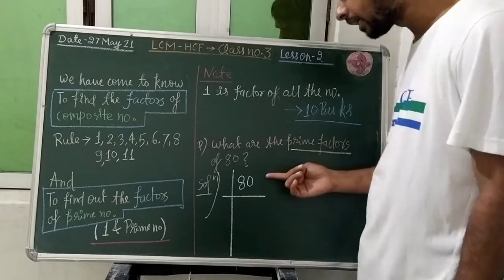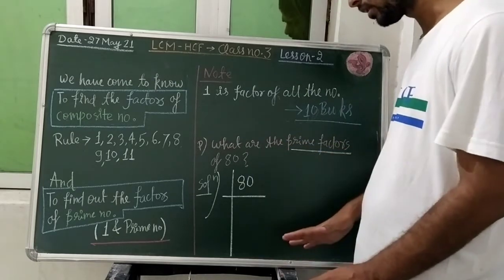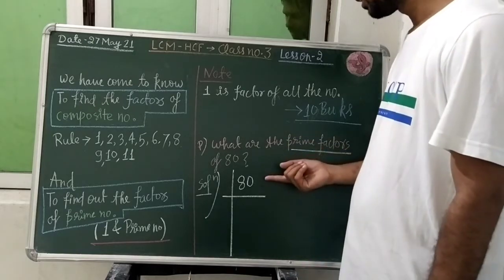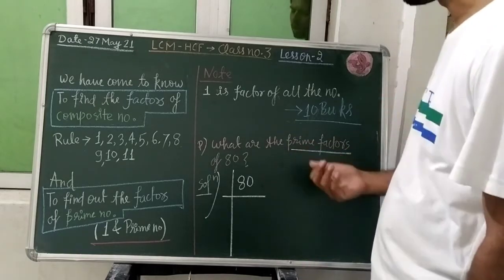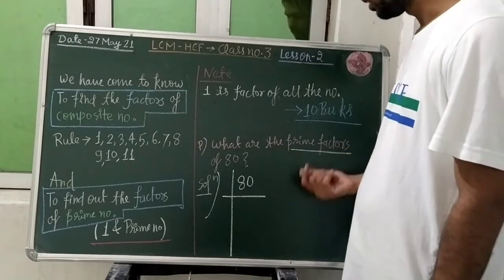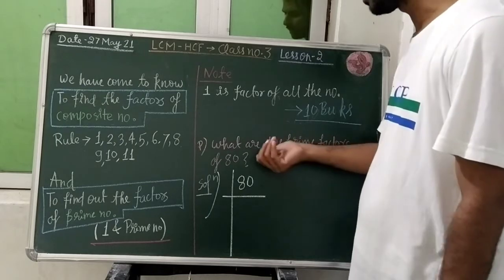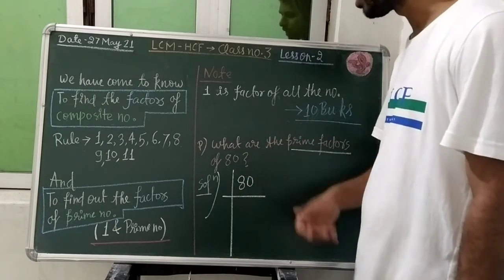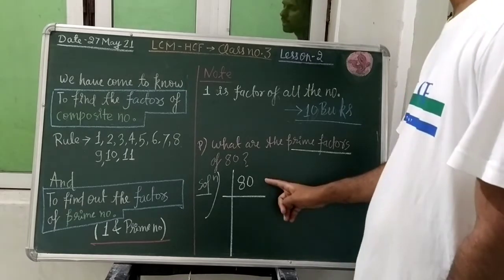If a number is given to us, please notice this line, and we want to know the prime factors of that number, of course that will be a composite number. Here you are looking, students, 80 is a composite number.